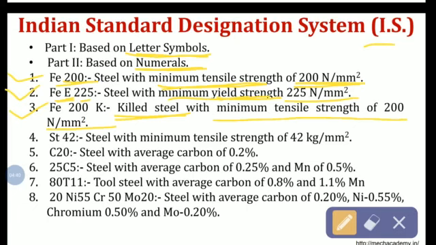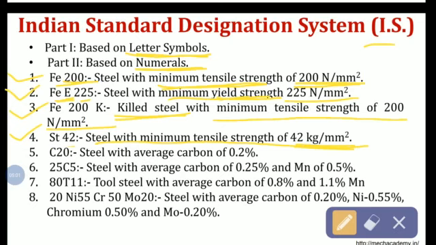Now the fourth one is ST42. ST42 means what? ST means steel with a minimum tensile strength of 42 kg per mm square. Now here the symbol used is ST. So the symbol ST is used when tensile strength is in kg per mm square.